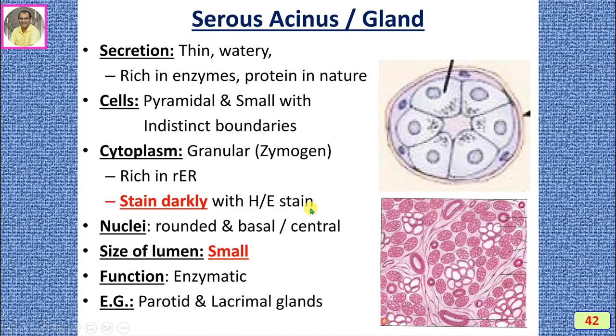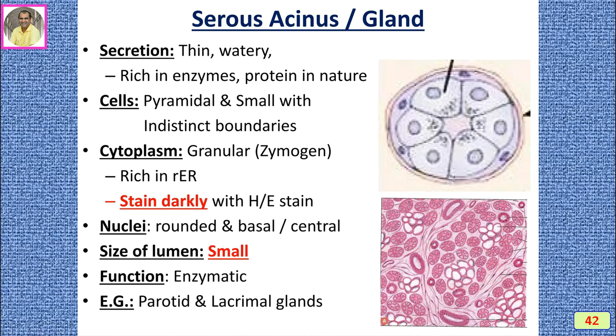The cells are pyramidal and small, whereas the cytoplasm is granular in structure and rich in rough endoplasmic reticulum. So these stain darkly whenever H and E stain is applied. The nuclei are round and basal, and the size of the lumen is very small.